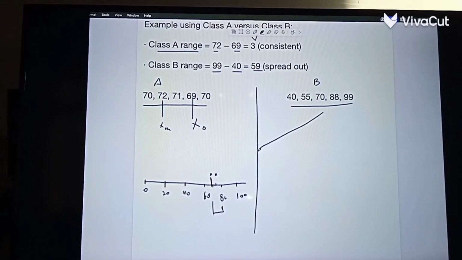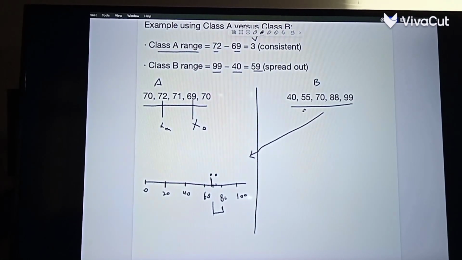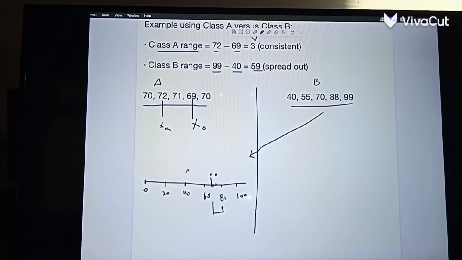Now use the same situation here. If you plot the same data on this number line, then the minimum value is 40. So put a dot on 40, and another value is 99, which is here. So now this is xm minus x naught.